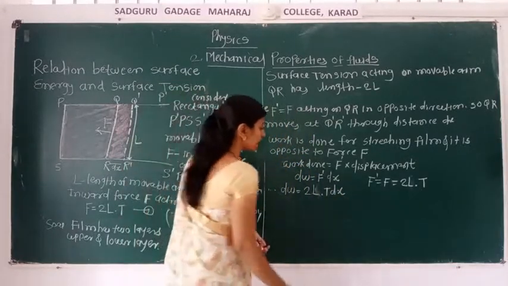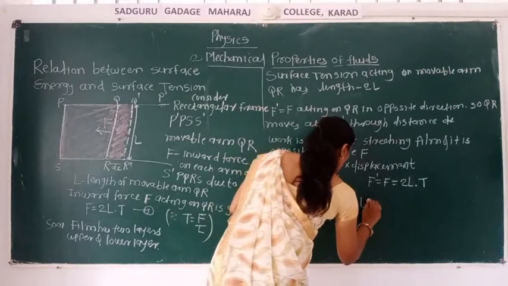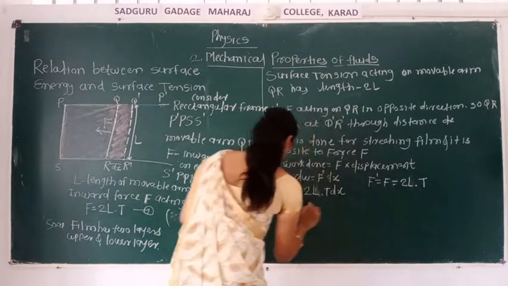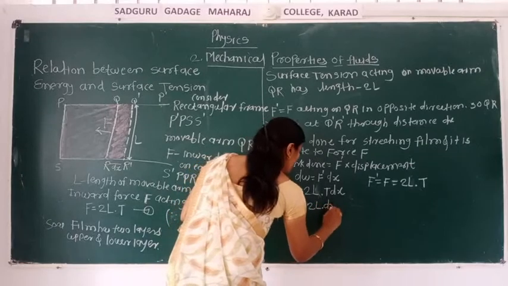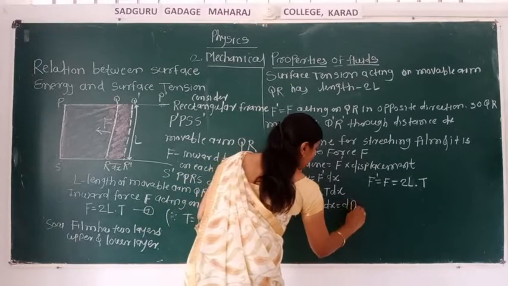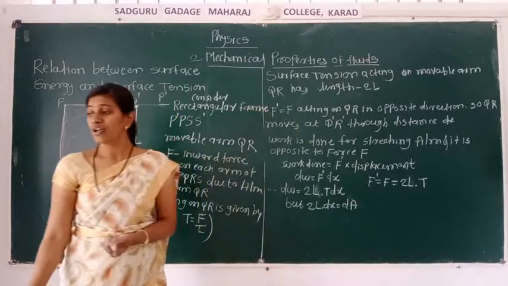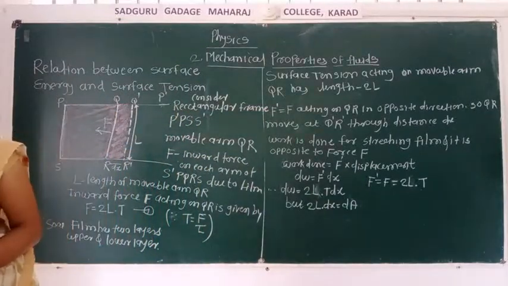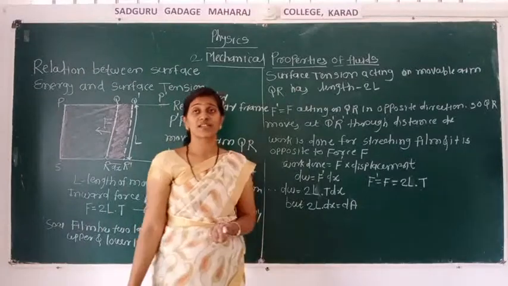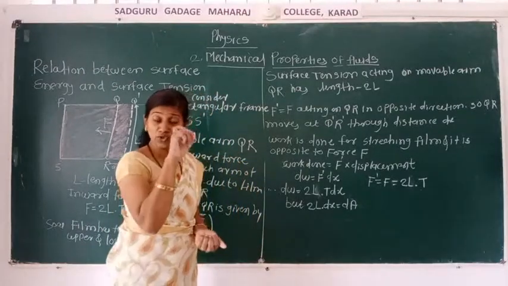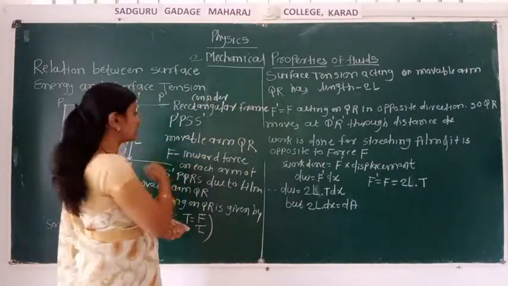But another formula is there. What is here? 2L into dx is equal to dA. What is dA? Increase in area, the increase in the area of the two surfaces of the film. Here we are getting the two films.